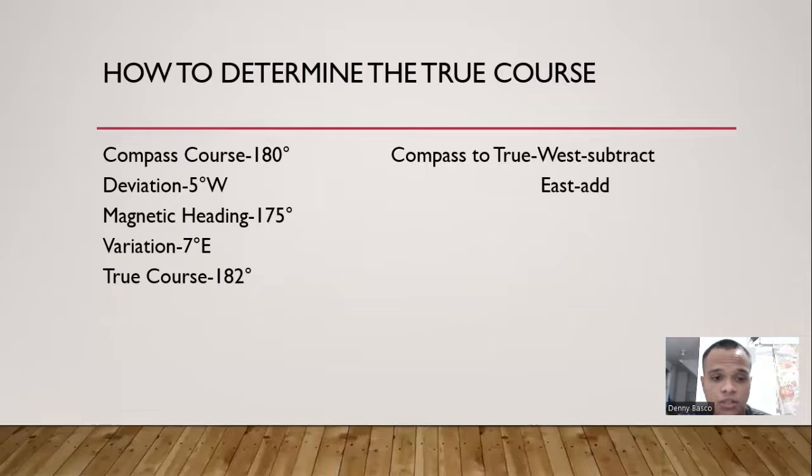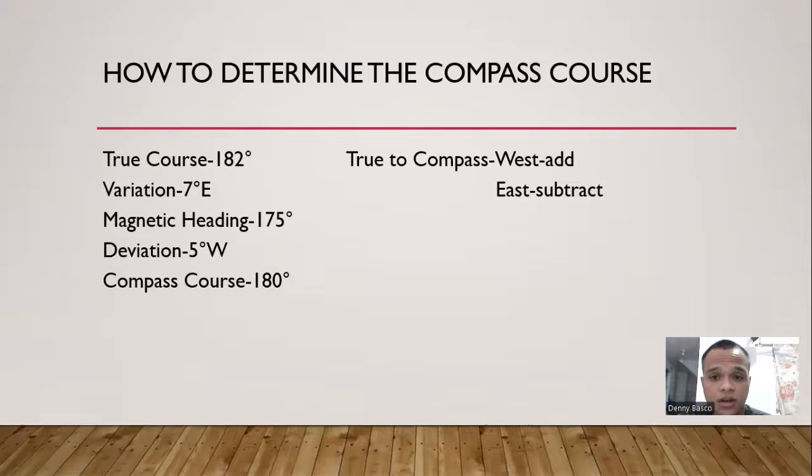So we have to subtract: 180 minus 5, the magnetic heading will become 175 degrees. The variation is 7 degrees east, so if it is east, we have to add. 175 degrees plus 7 degrees of variation, the true course will be 182 degrees.